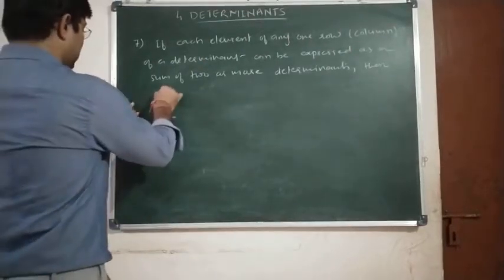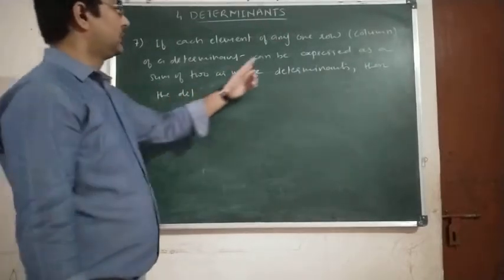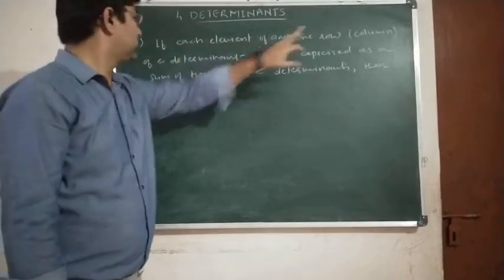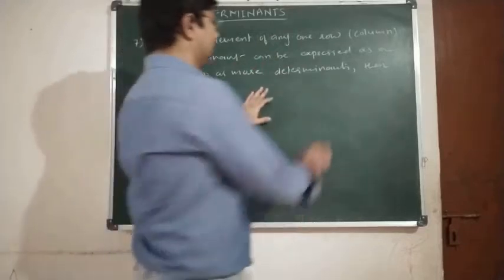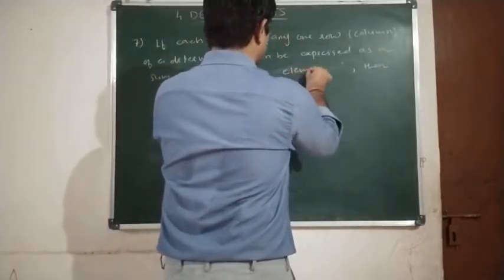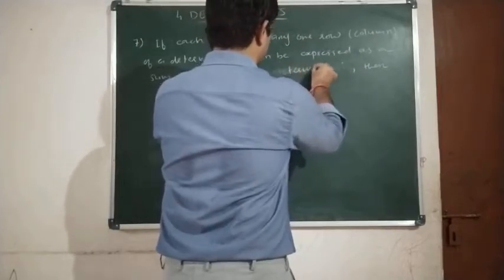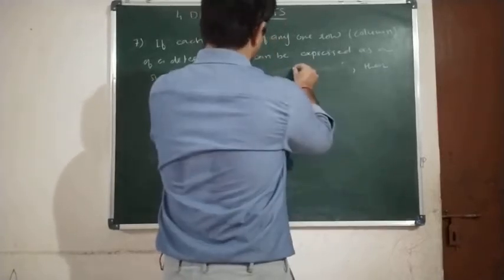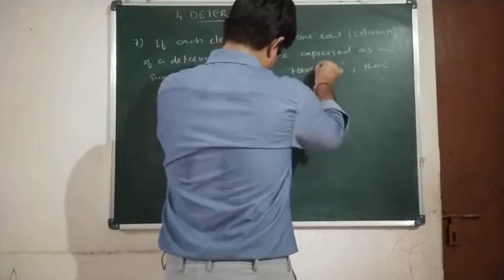If each element of any one row or column of a determinant can be expressed as a sum of two or more elements, over here you can write elements or terms. Yes or no? Two or more terms or elements, you write down, no problem. Let me write down terms only.